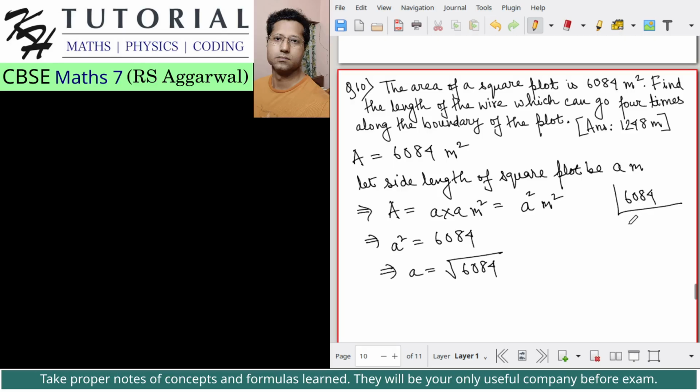Now 6084 should be divisible by 4. 1, 2, 7, 1.